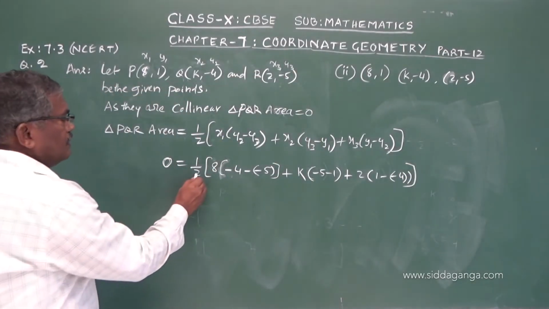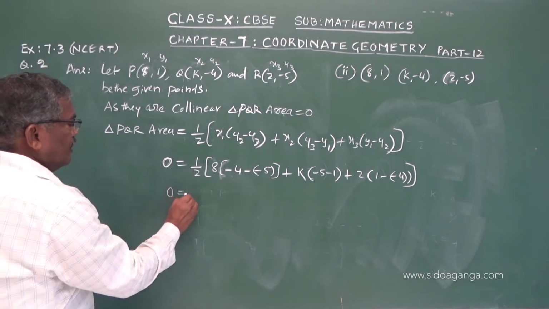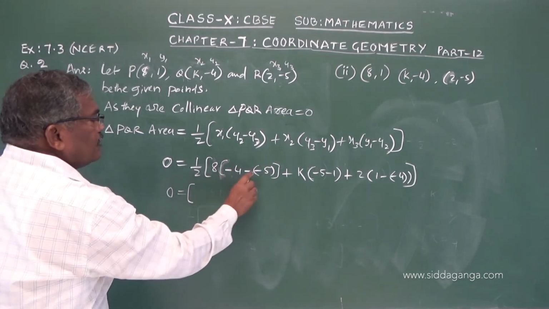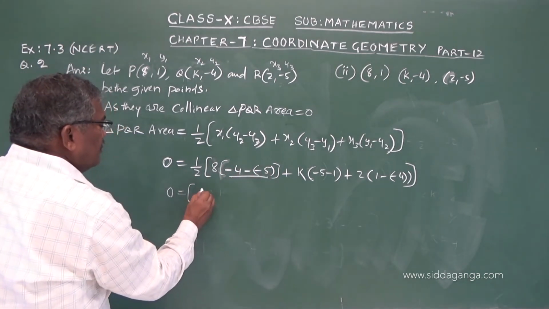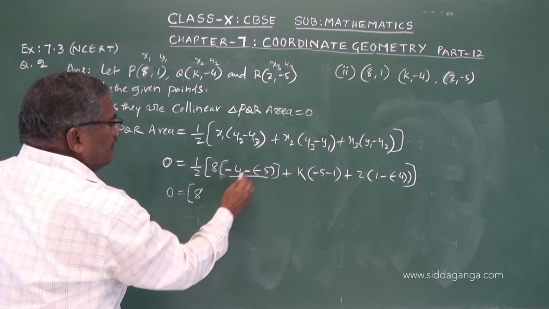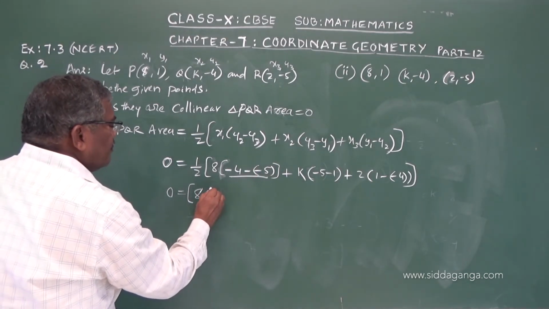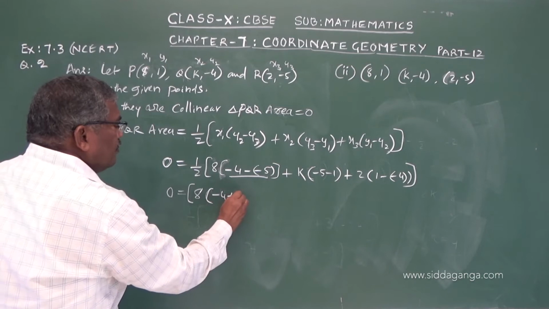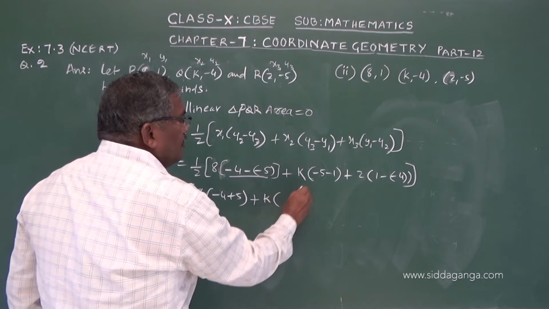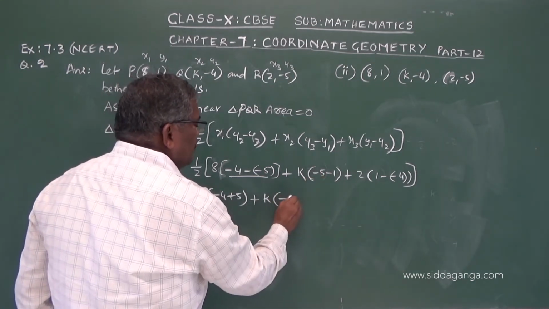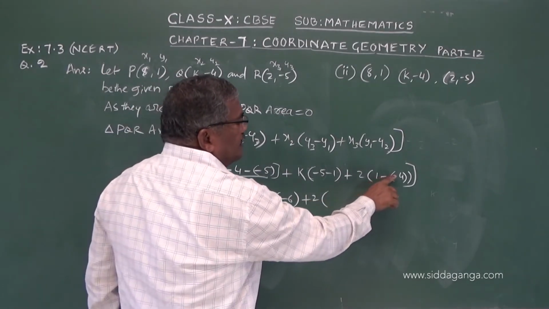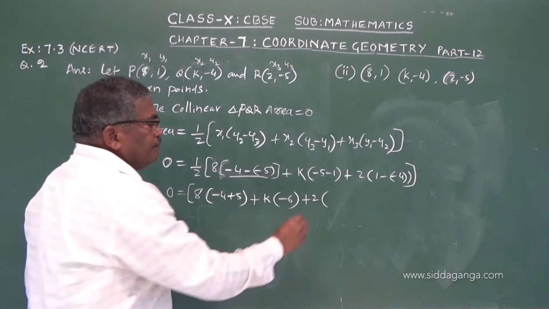Now you simplify this. 2 into 0 becomes 0 as usual. So we are left with 8 into, first inside the bracket you simplify, minus 4 minus of minus 5 is plus 5, so minus 4 plus 5, close the bracket, plus k into minus 5 minus 1 is minus 6, plus 2 into 1 minus of minus 4 is 1 plus 4.